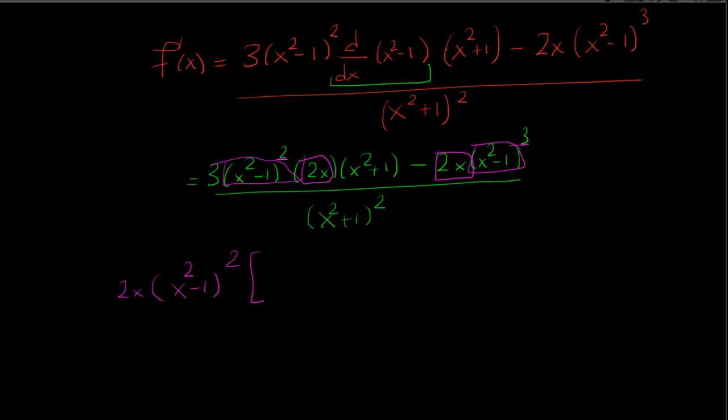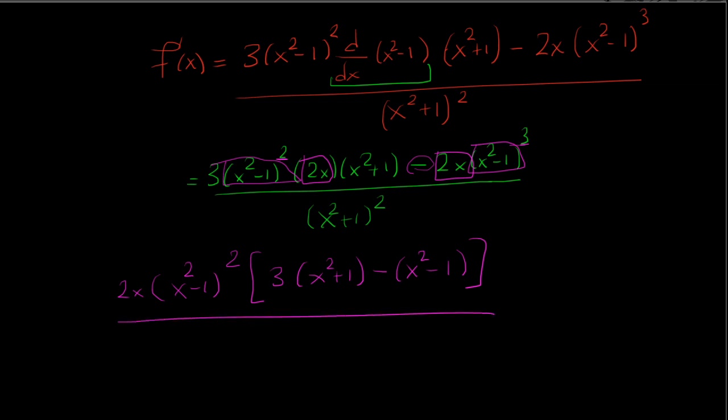And then what we have left is 3 times (x squared plus 1) minus the quantity x squared minus 1. We have to be very careful with that, because this negative is factored out of the x squared minus 1, so you want to keep it in parentheses. All over x squared plus 1 squared.